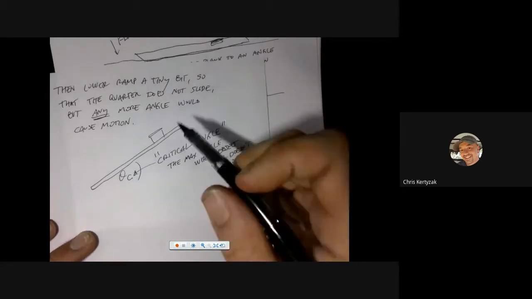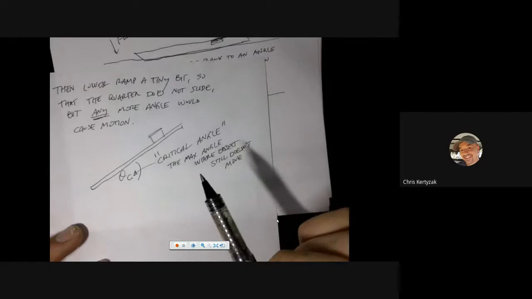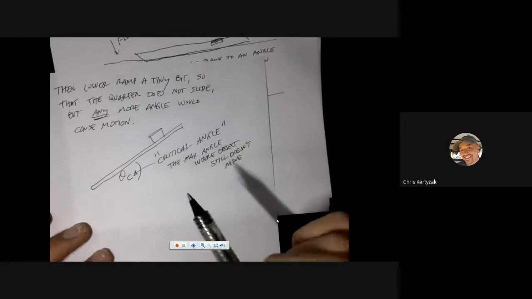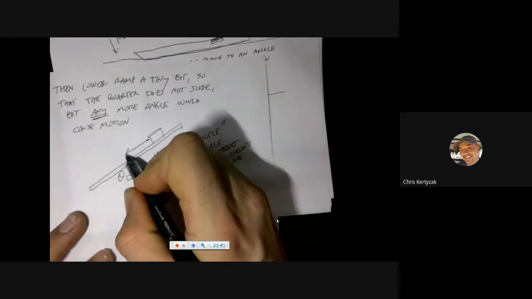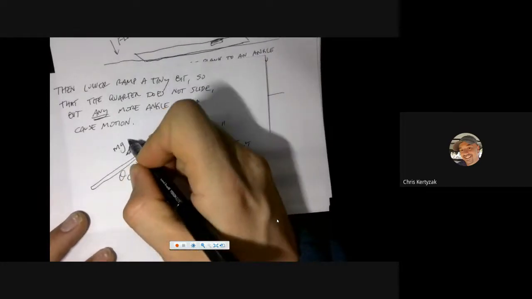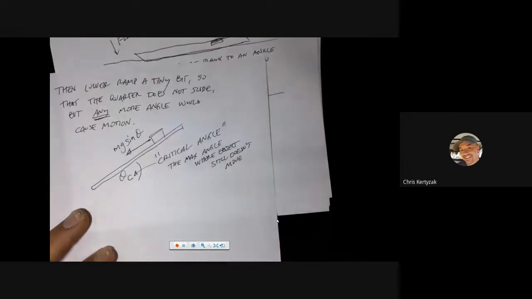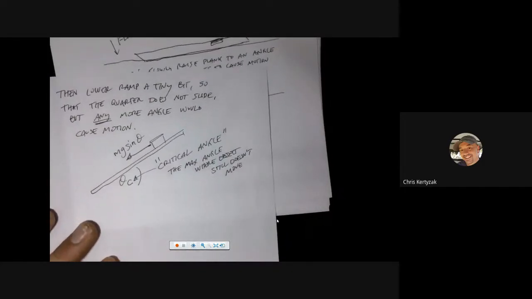In that case, if you've so carefully gone up and down with the angle to feel like you got it just right, then how much force is pulling down the ramp? mg sine theta. Store that in your memory if you haven't already. The amount of force down a ramp due to gravity is mg sine theta.